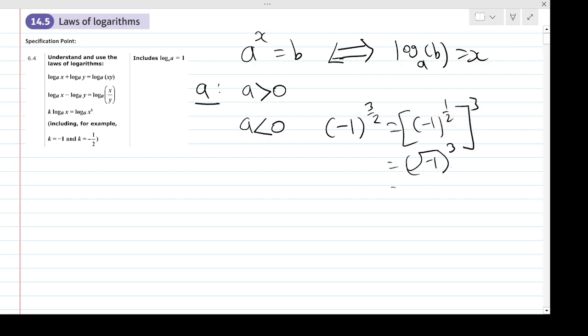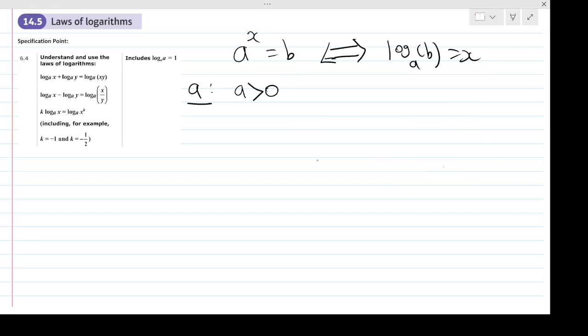That's undefined, as we know it. So exponentials can't work when we have a negative value of a. Because of that, the base a of my logarithm has to be positive. So a cannot be less than 0.